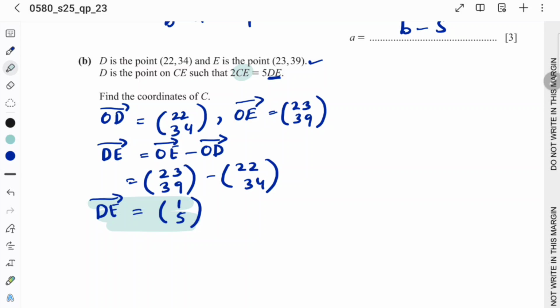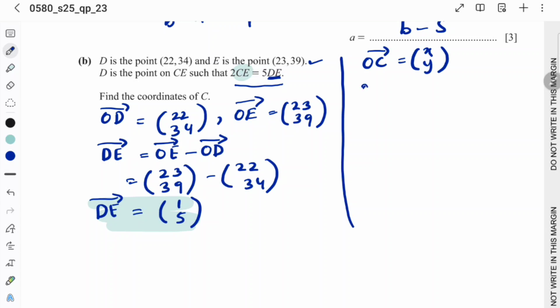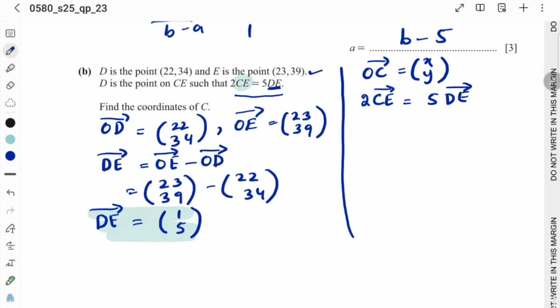For CE, we need to find the value of C. So I can take OC as (x, y). But if I try to find CE, I don't have C even. So we use this relation: 2CE is equal to 5DE. DE we know, and with the help of this we can find CE here.